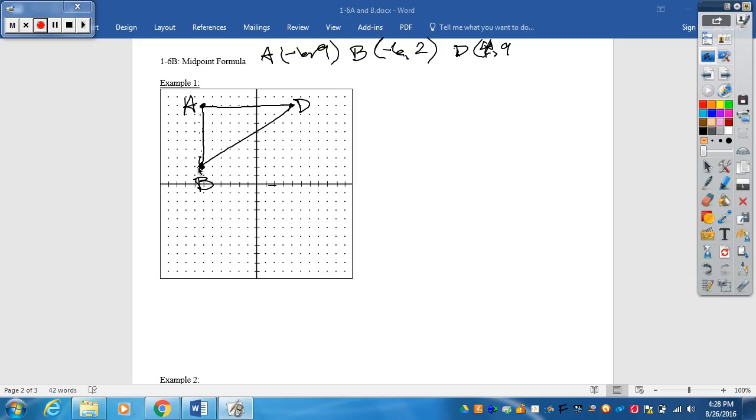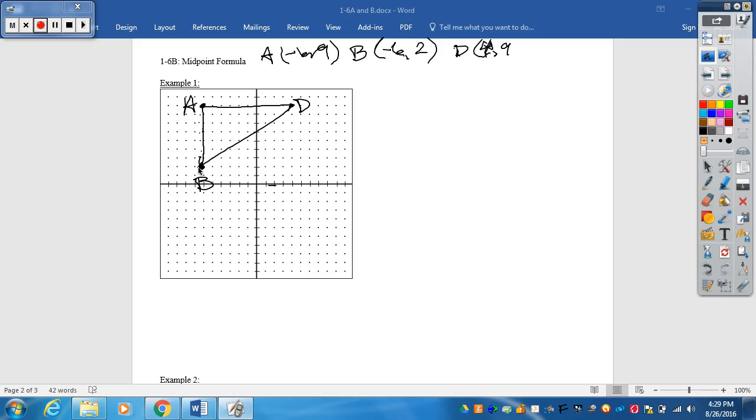All right. So from there, how do I find the midpoint of AB? Well, I'd hope you would think that since we can count that distance, as we talked about in the last lesson, I can also count it and then maybe divide it by 2. So if I figure out what that length is, 1, 2, 3, 4, 5, 6, 7.